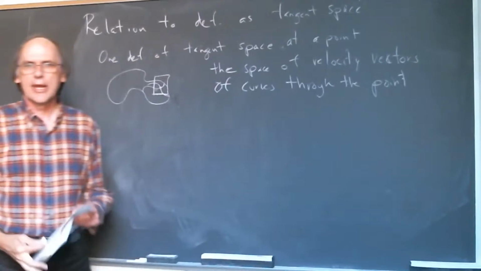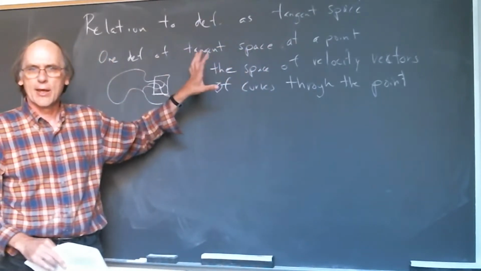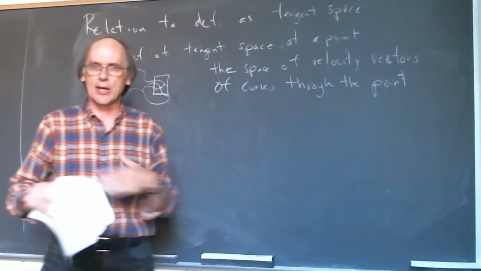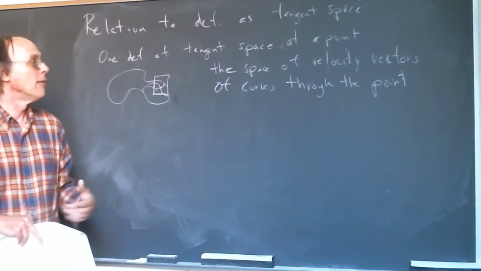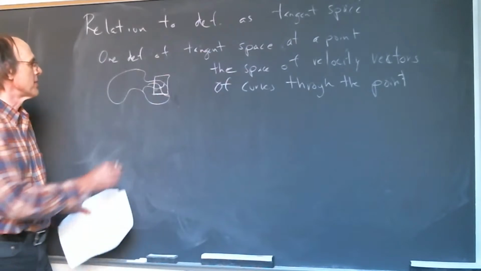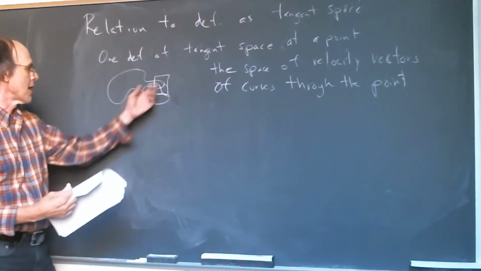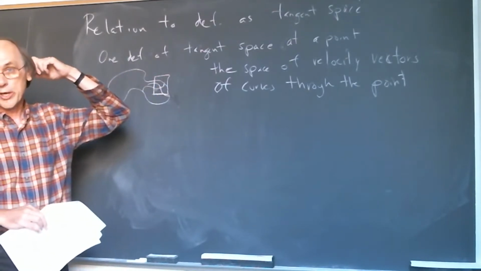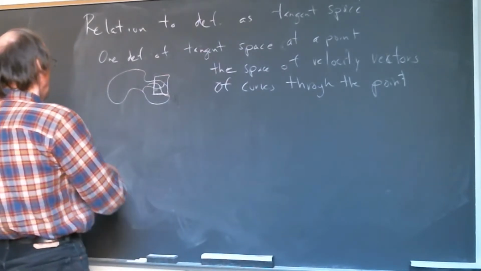There's some trickiness you have to go through to make this well-defined. You have to say exactly what you mean by a velocity vector, or what you mean when two curves have the same velocity vector. But once you do, elements of the tangent space can be thought of as possible velocity vectors of curves through the point.